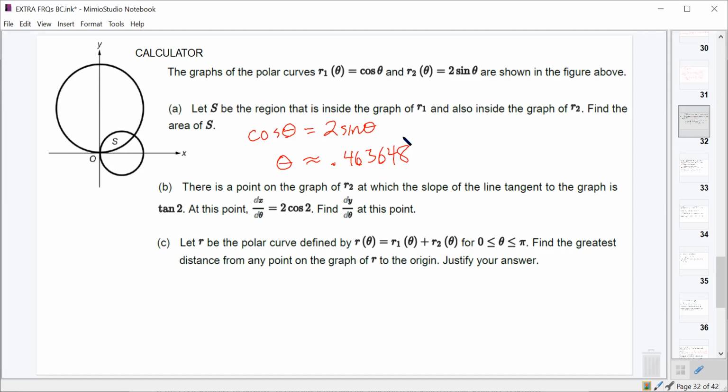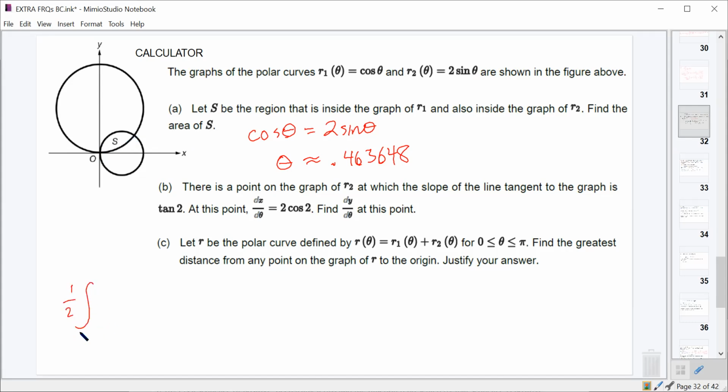And now that we know that, we just need to integrate the 2 sine theta one, our bigger circle, from 0, because that's where we start here, to where they intersect. If I plug in 0 for theta, I start at 0, 0. So I should just plug in 0 and then go to that intersection point.